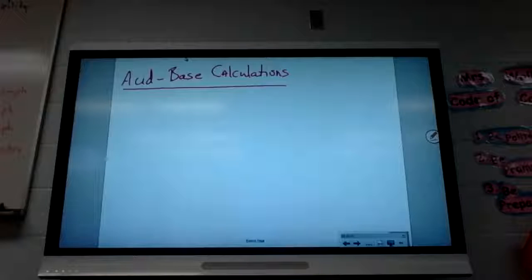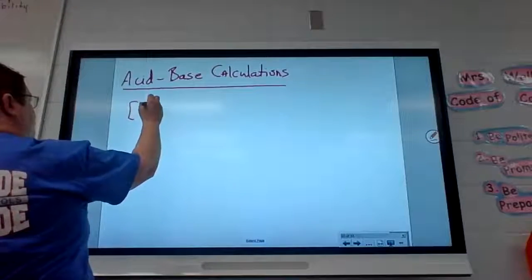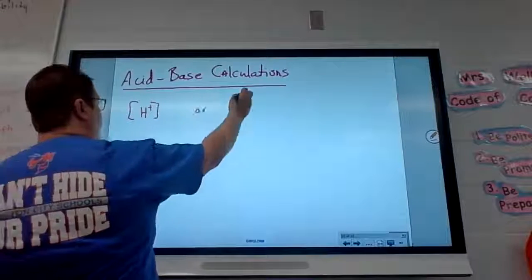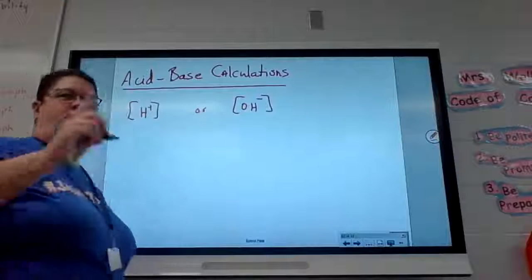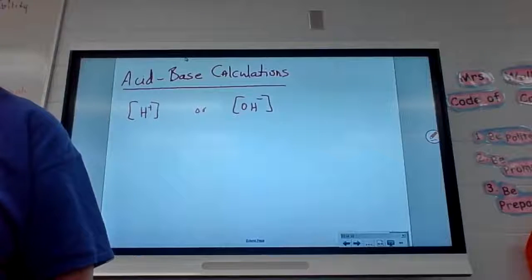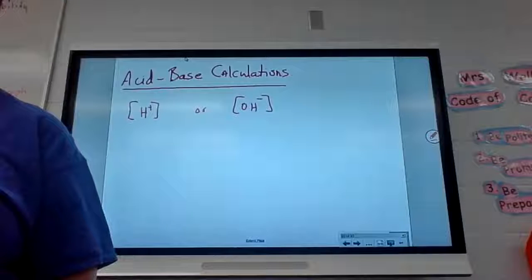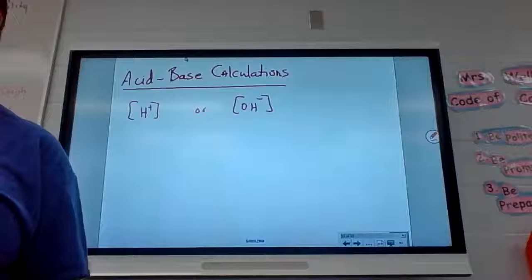Now, in order to use these formulas, you have to know either H plus or OH minus. One of these 2 things will be given in the question. You cannot have to find both of those values.